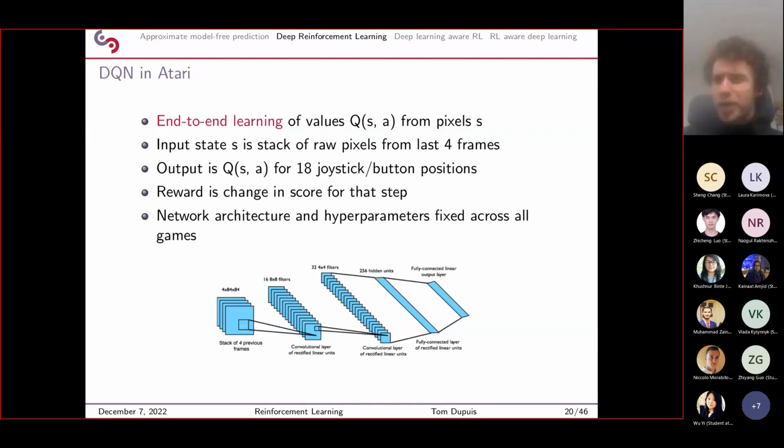Imagine it's just a very simple game where there are no long-term consequences, just short-term. For example, imagine it's Pong. So the two bars, and there is the ball that goes in between. What's the problem if you only take one frame as a state?